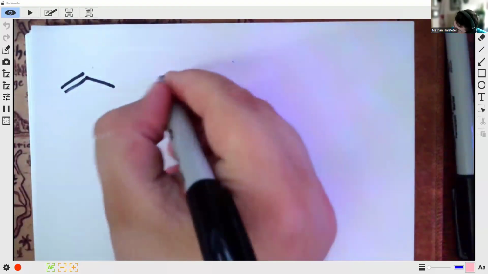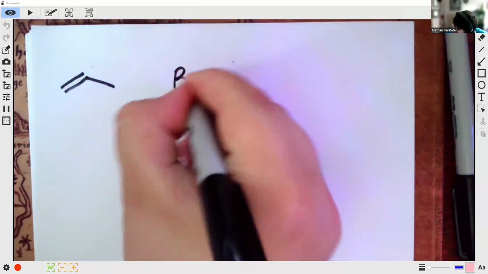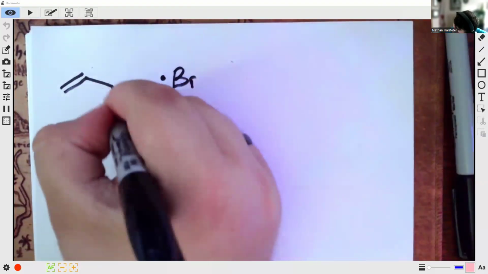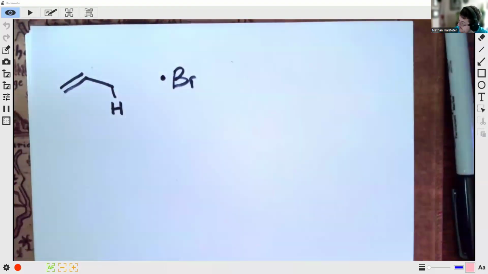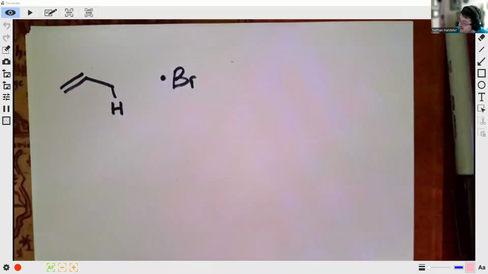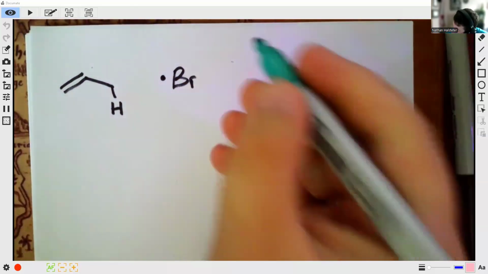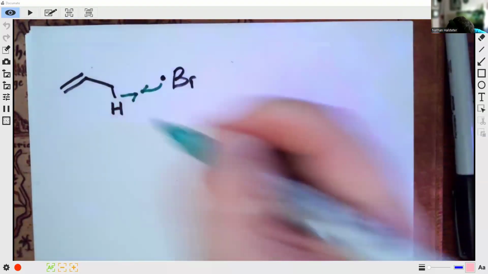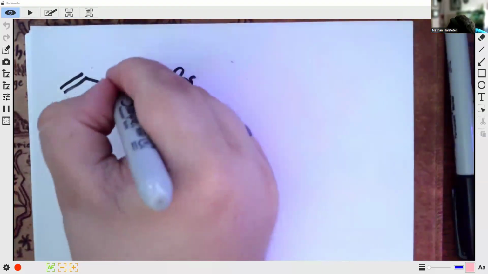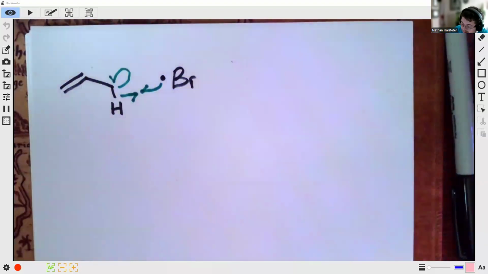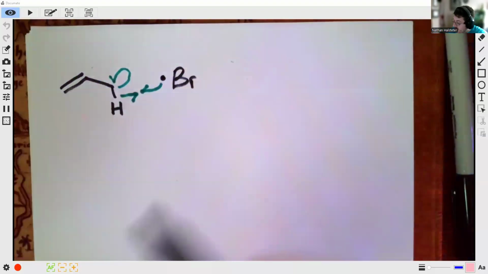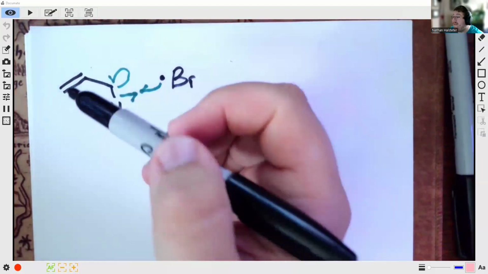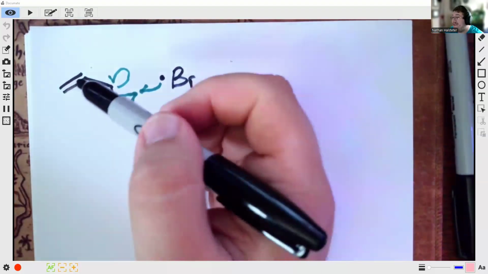So in this case, if we have a bromine radical, and it's going to want to abstract a proton, our radical would end up on that primary carbon. I know that this is secondary, but like I said, do not put a radical on a pi bond.